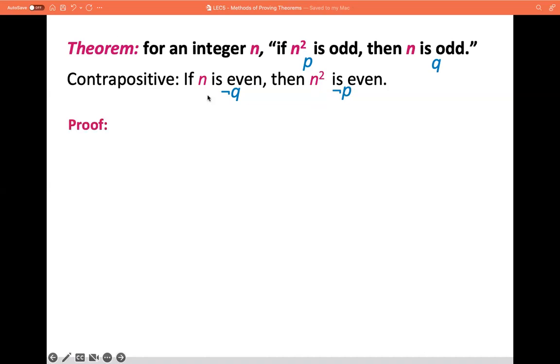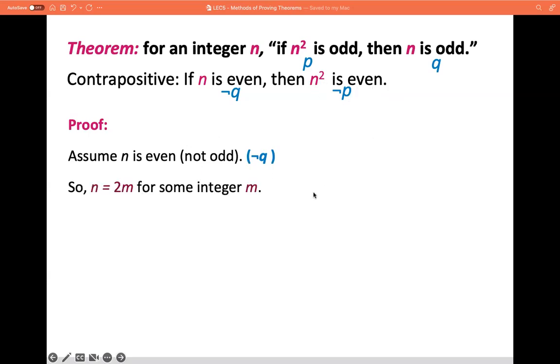After converting it into its contrapositive, we can now use a direct proof. In other words, we start with not Q. We assume that not Q is true, so we assume that n is even. Using this assumption, we then prove that not P is also true.